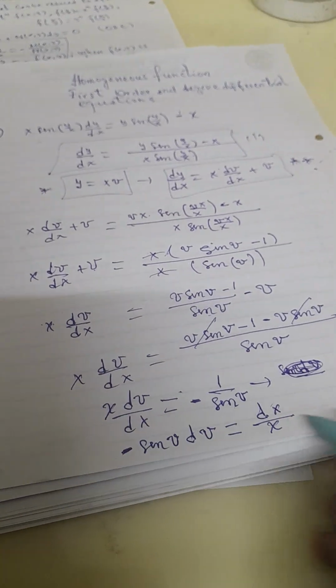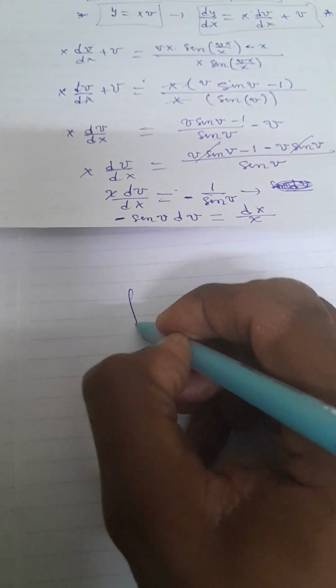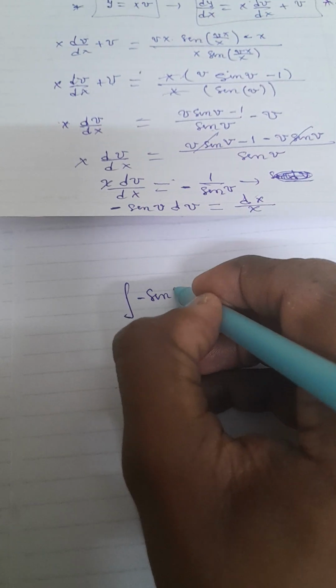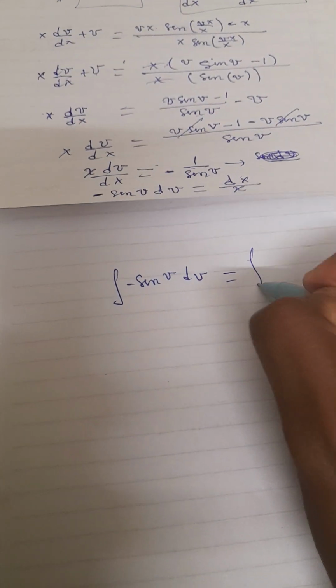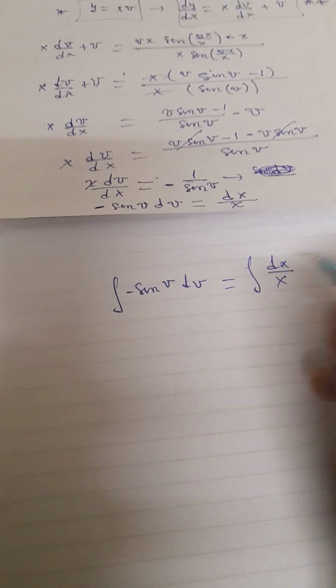Now you have just to apply integration on both sides: integration of minus sin of v dv is equal to integration of dx upon x.